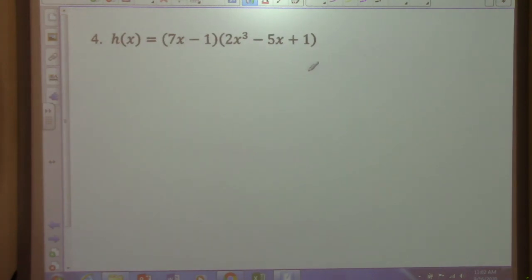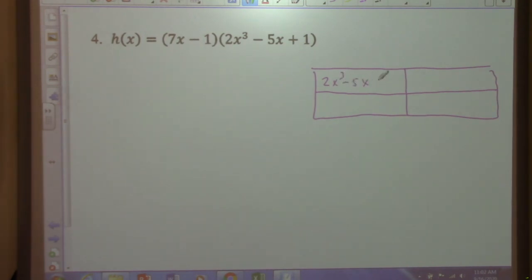And then here, why am I making myself a long box? Next one. Because I need to have room for all of this writing, don't I? And then we have 6x squared minus 5, then 7x minus 1, 7.